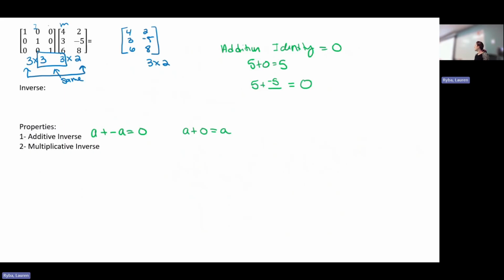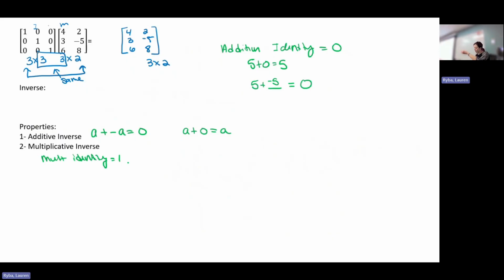So I wanted to talk about the addition identity to then go into the multiplication identity and inverse. Working with multiplication, its identity is 1, because when you multiply a number by 1, it doesn't change the result. So the multiplication identity equals 1.